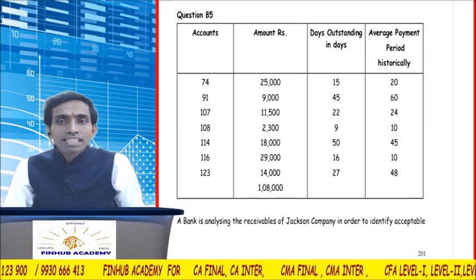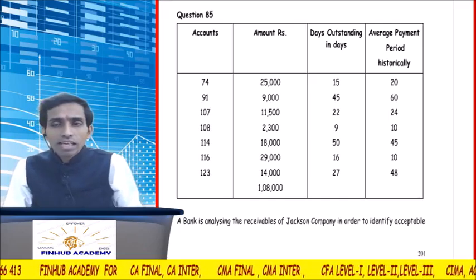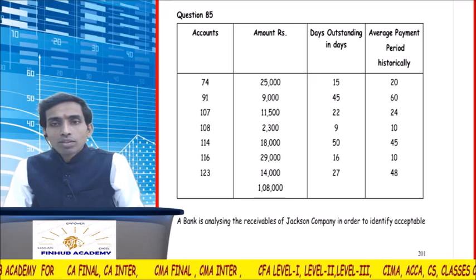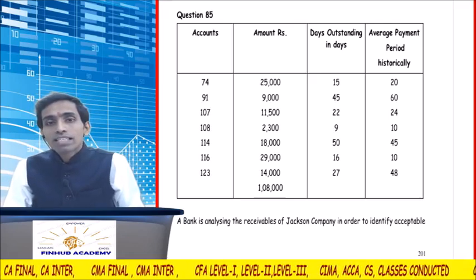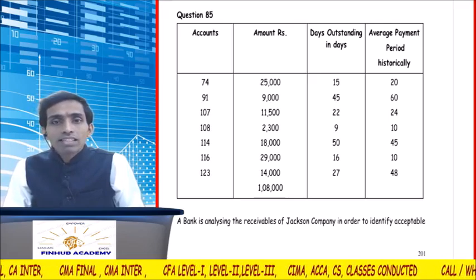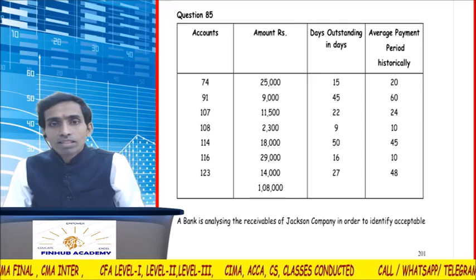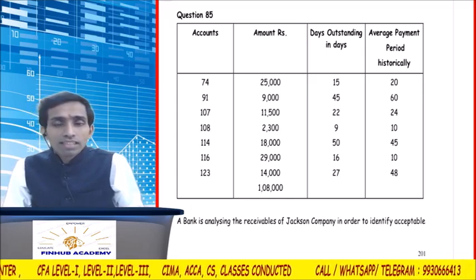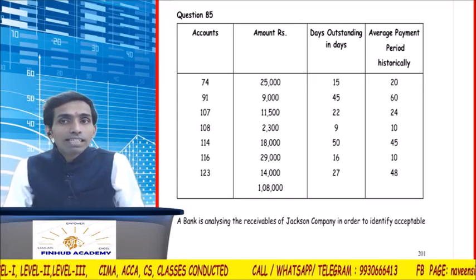Days outstanding means for how many days it is outstanding, and average payment period historically. For account number 74, the amount outstanding is 25,000, and the credit period was 15 days. But on an average, historically, this customer pays us in 20 days.